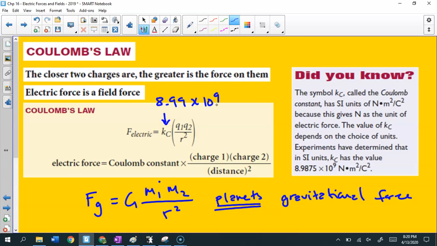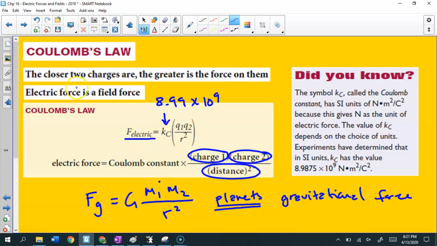And then we're going to use the charges of each one of those. So Q1 and Q2 represent the charges of two different particles. And R represents the distance between those two particles. And when you calculate that, you're going to get something called F sub E, or the electric force.